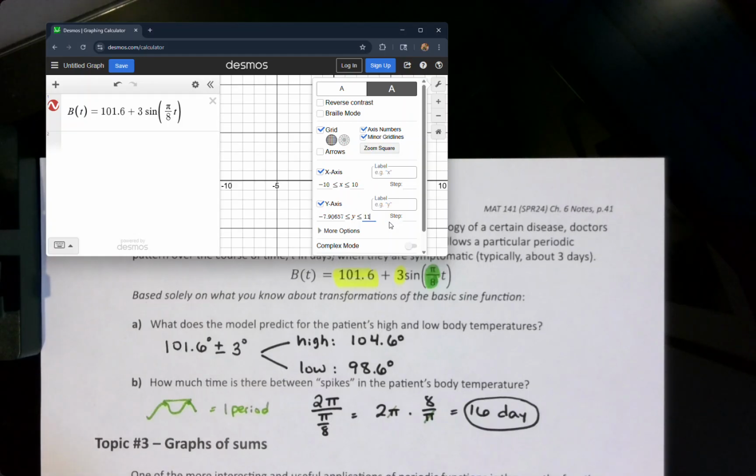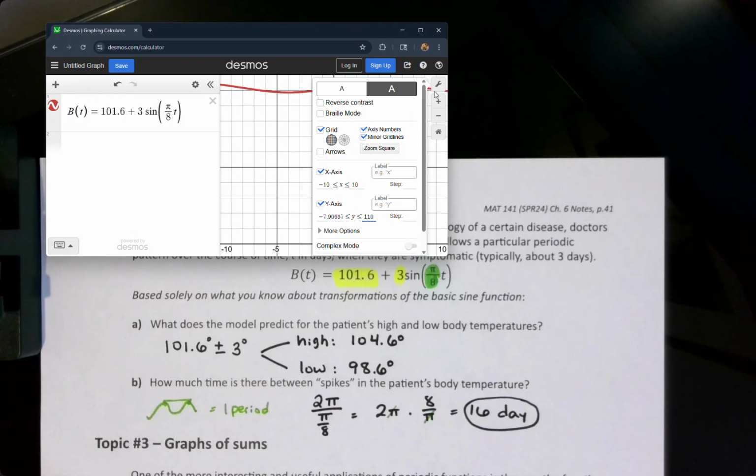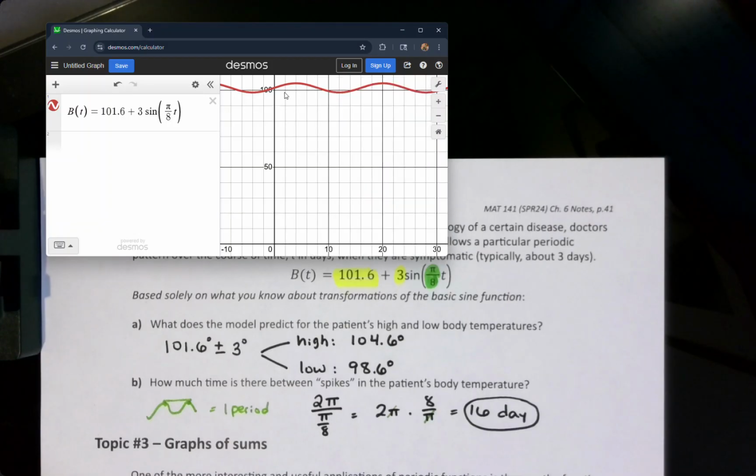Let me just make this 110. And I know that a period is 16 days. Let me make this 32 so I can see 2 periods. Okay, maximum temp, 104.6. Minimum temp, 98.6. And a period from one repetition to the next should be about 16 days.